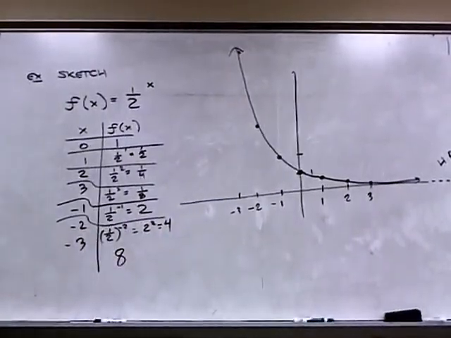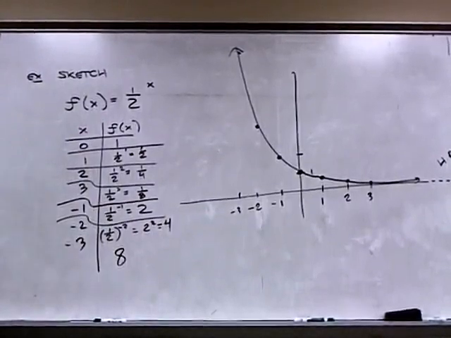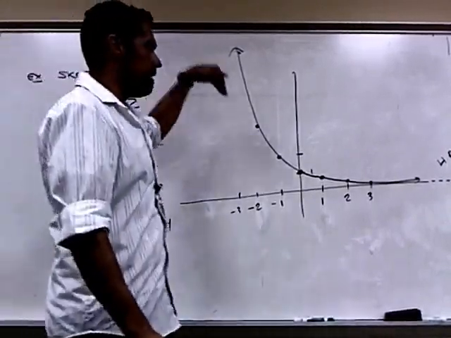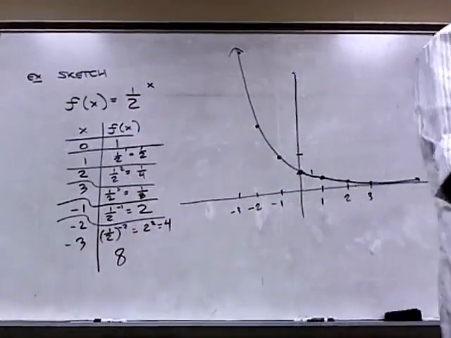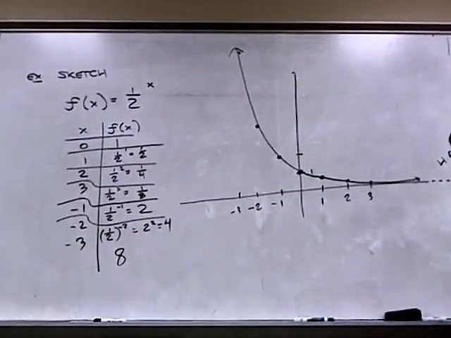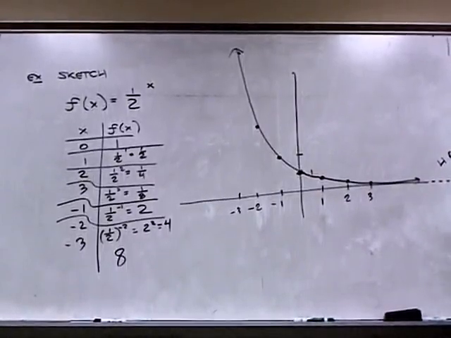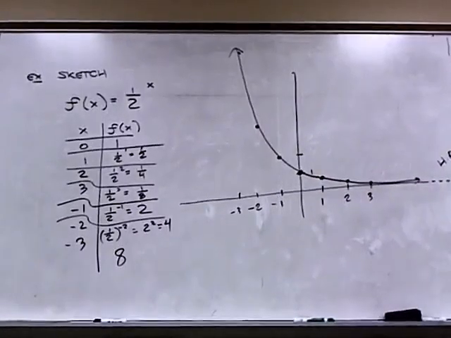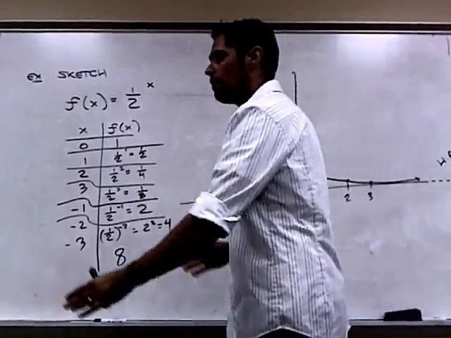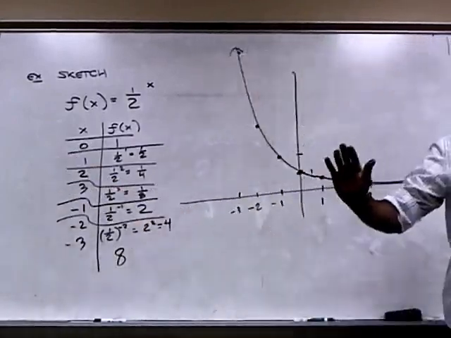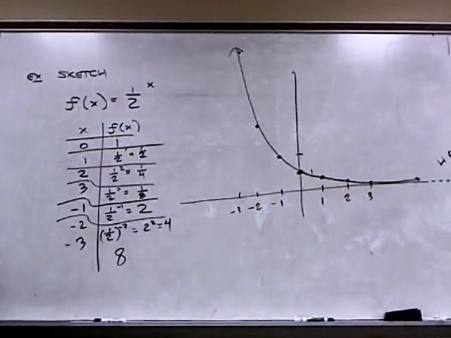What do you think was the reason why it was different? That it went down instead of up like the last one? What do you think determines which way it's going to go? The base.